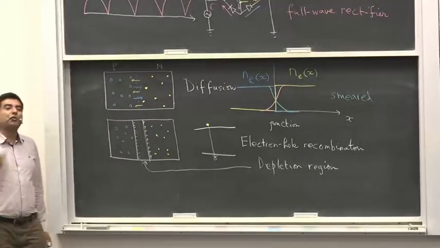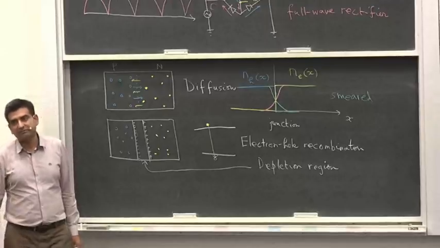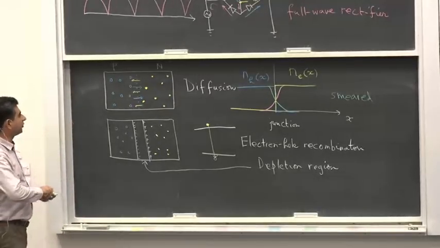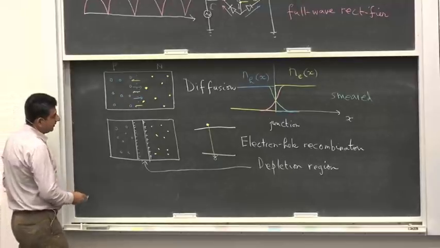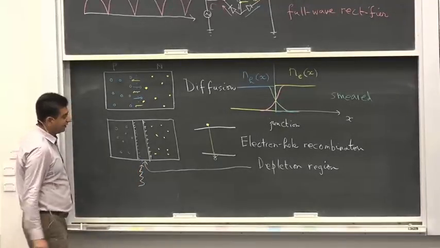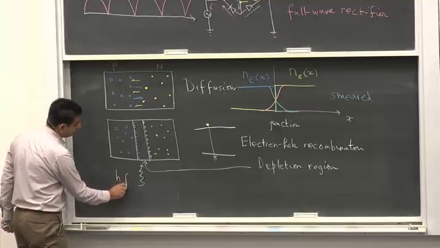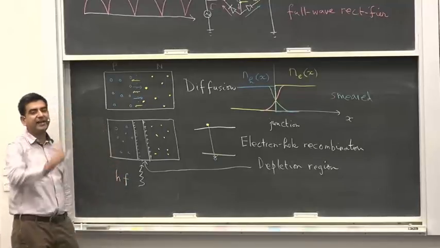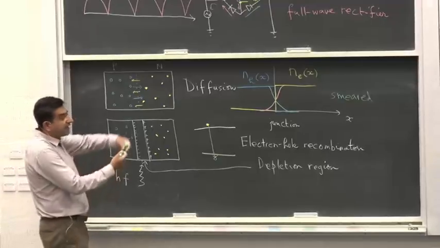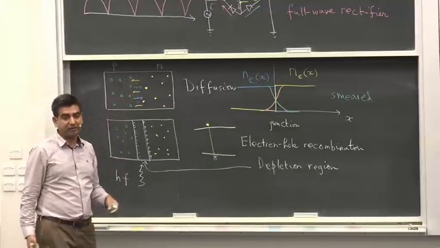Now what happens in a solar cell, for example? Let me give you a brief idea of what happens in a solar cell. In a solar cell, a photon comes in, say from sunlight, some hf, some photon, this wavy line shows a photon. It comes in and it creates a pair of an electron and a hole.